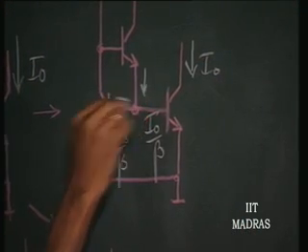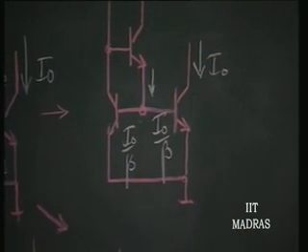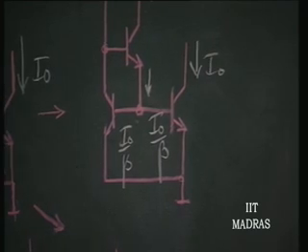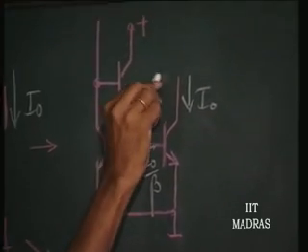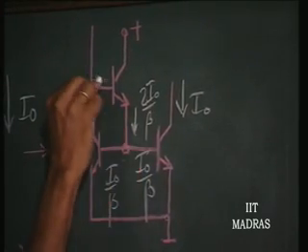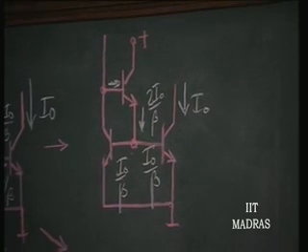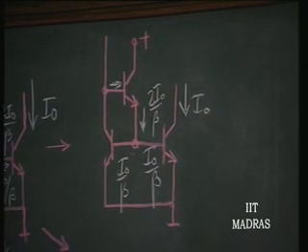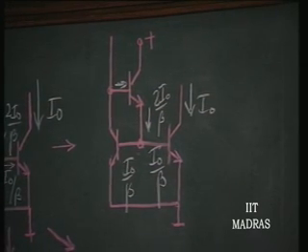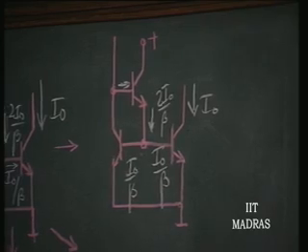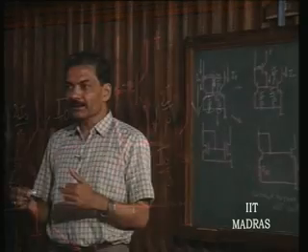Now this emitter current is going to be twice I naught by beta, and this current is going to be twice I naught by beta divided by beta plus 1. So to that extent the burden on I reference is reduced.